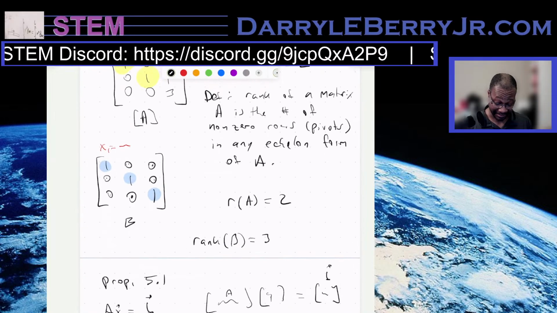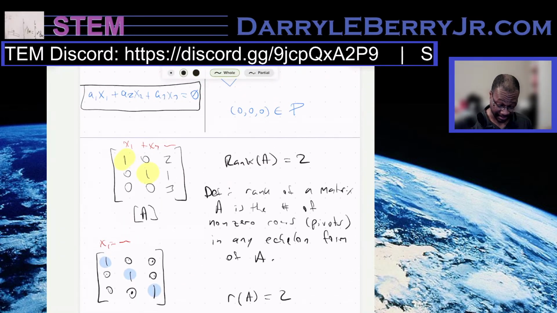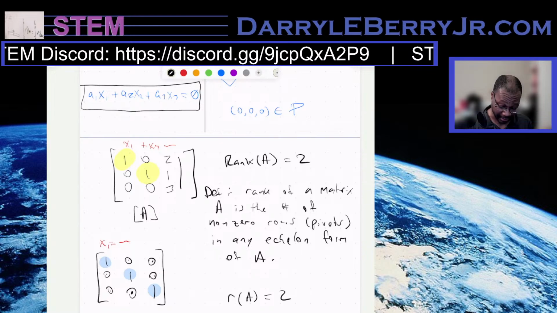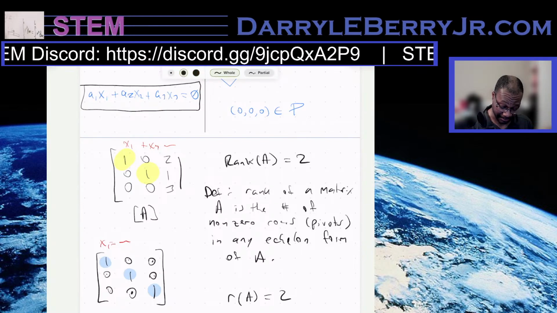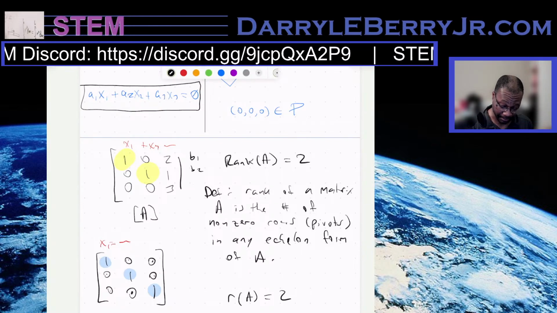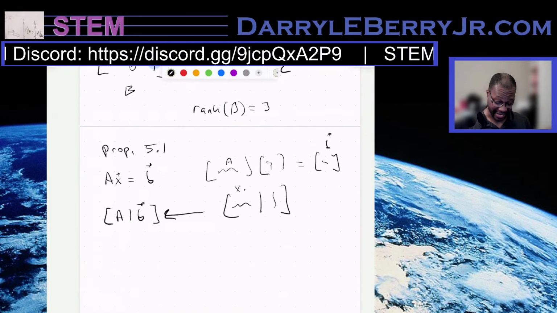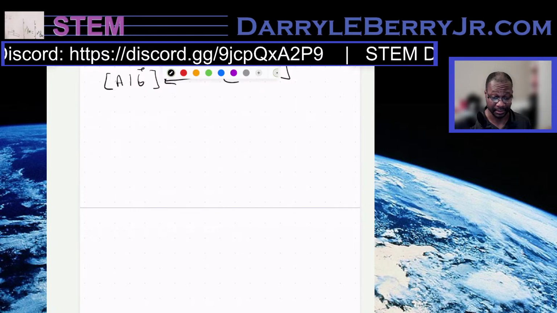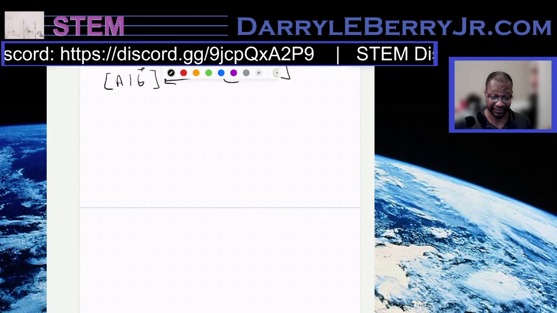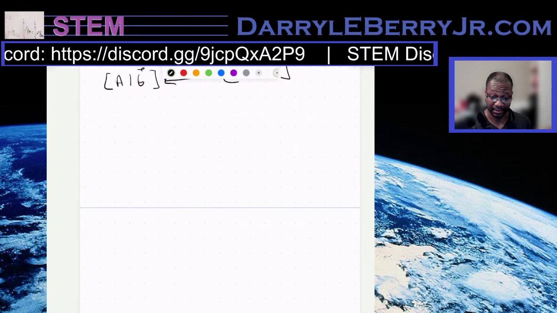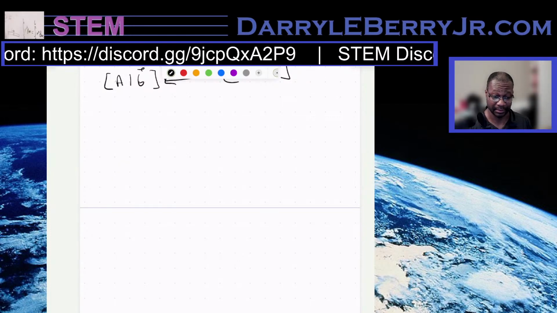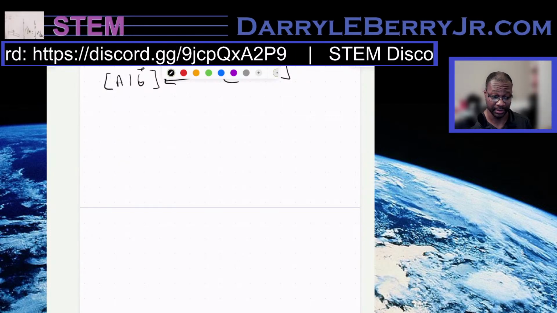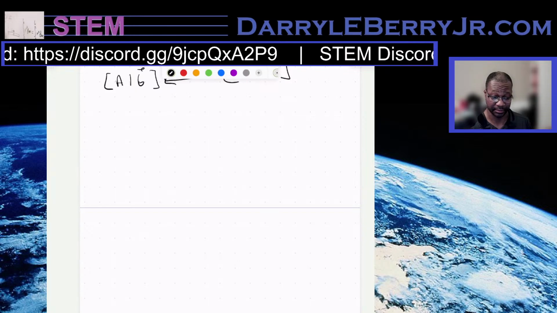So this is an augmented matrix if I just add my B's over here, B1, B2, B3. And now I have my augmented matrix. And then when we solve it, we get some pivots. And in particular, when the rank of A equals M, the system will be consistent.